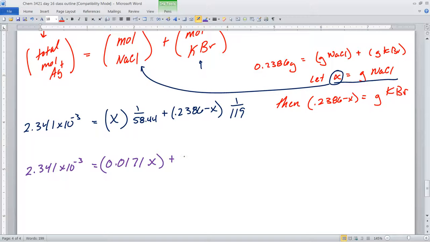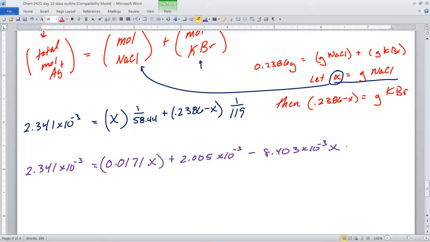I get 2.005 times 10 to the negative 3 minus 8.403. Okay, so all I did is I multiplied through by 1 over 119.